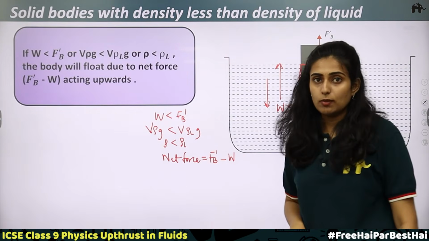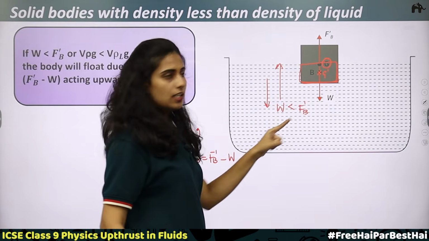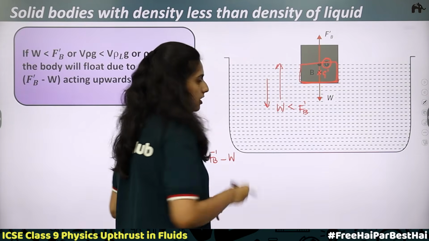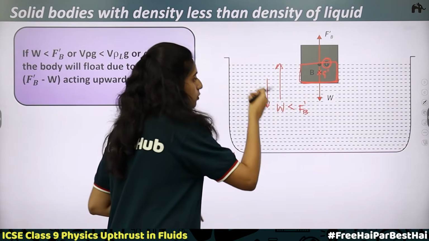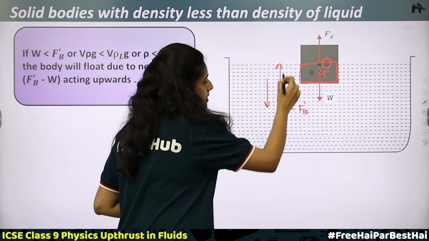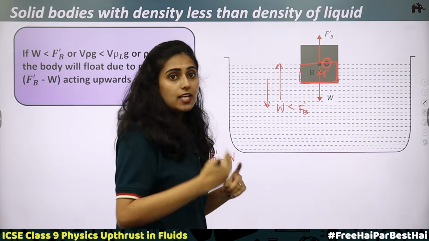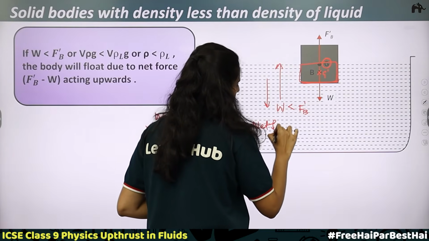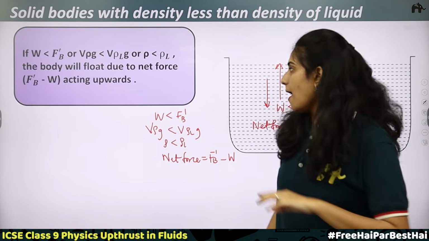In which direction will it act? Compare which one is greater. Fb dash is greater. When you have two forces of different magnitudes, the net force will be in the direction of the force with greater magnitude. So when you compare weight and Fb dash, Fb dash has greater magnitude. Therefore, the net force is in the upward direction.